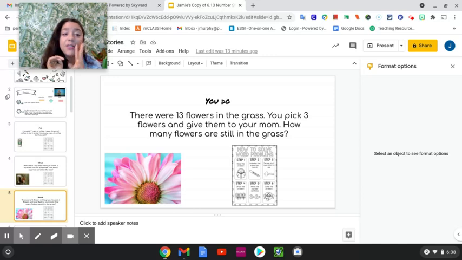You pick 3. How many flowers are still in the grass? I like how I see you starting to draw to solve the problem. 13 flowers.